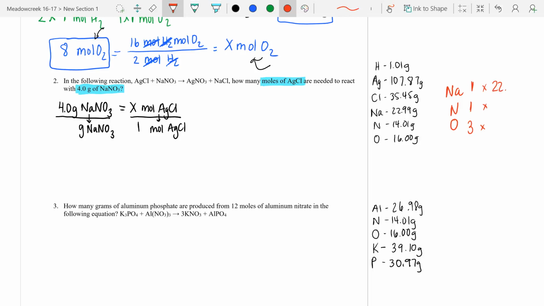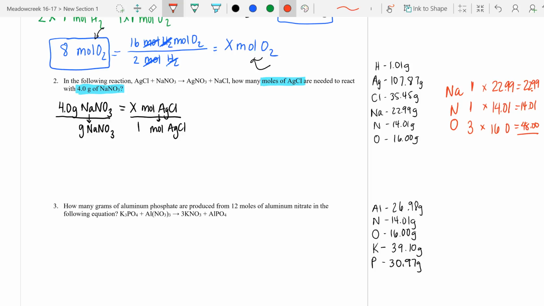Sodium is 22.99. Nitrogen is 14.01. Oxygen is 16.0. We get 22.99, 14.01, and 3 times 16, when it's done in our calculator, will give us 48 grams. And then I add them all together.